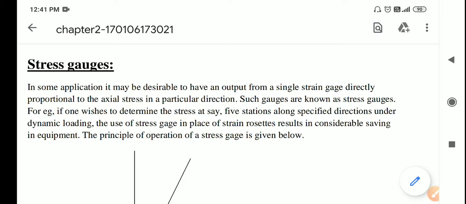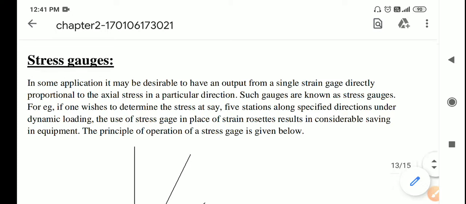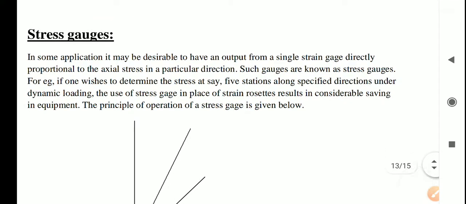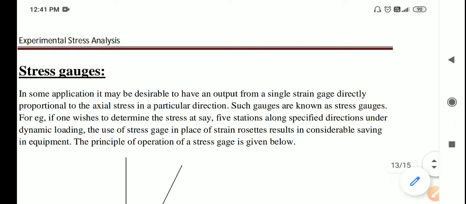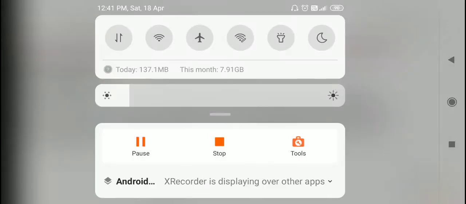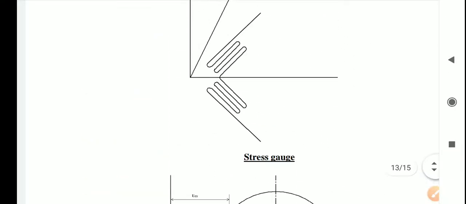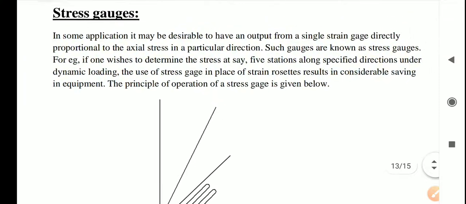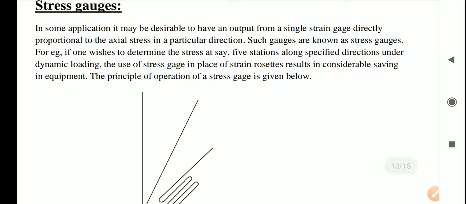It is very helpful because, for example, one machine is working in a dynamic condition. If you want to measure the stress of that machine at different points, for example 5 points, the strain gauge approach requires strain rosettes, and arranging strain rosettes at 5 points consumes a lot of space.